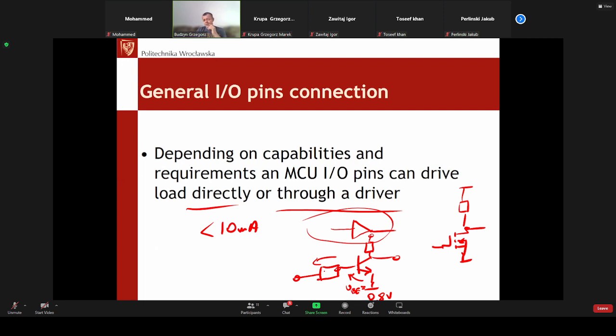So if you intend to use bipolar drivers, then use the resistor. For MOSFET transistors, it's not necessary, because the current is flowing only during the start.